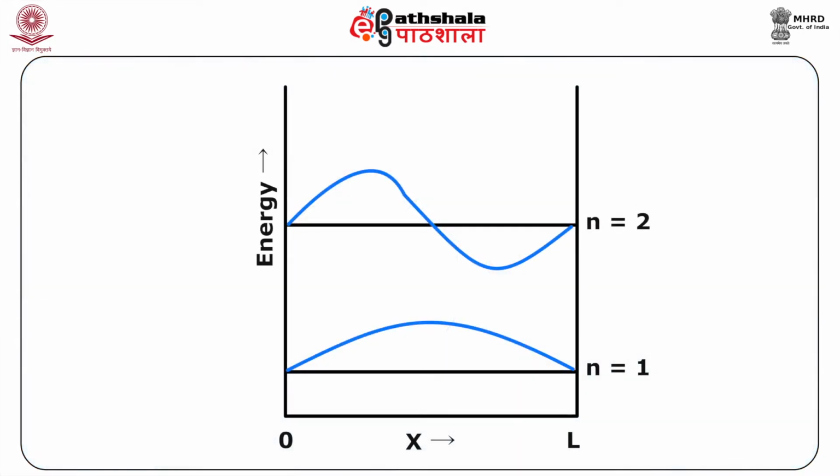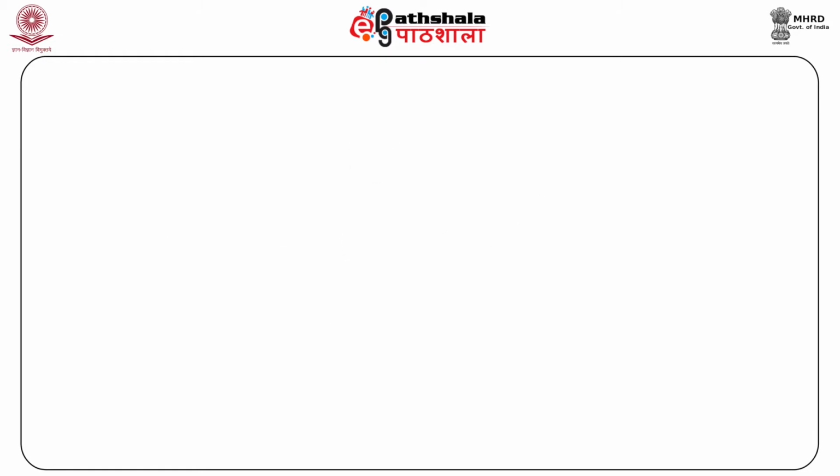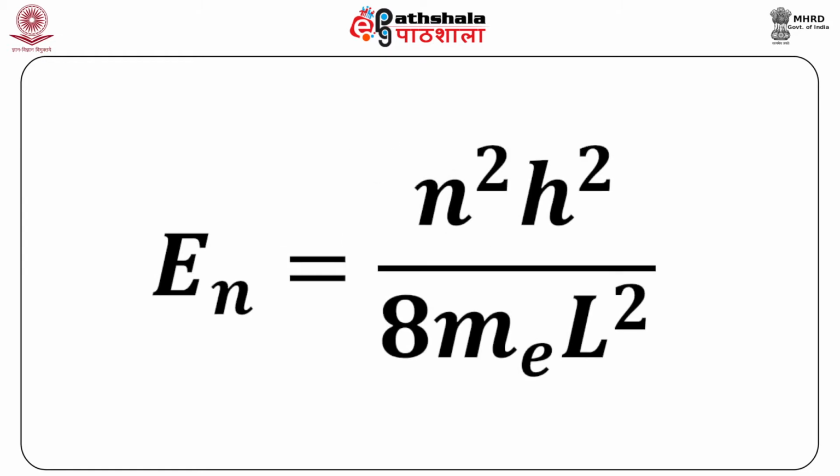The free electron model is based on the particle in a one-dimensional box model, which we have studied in quantum chemistry. Briefly, in this problem, an electron is assumed to be trapped in a one-dimensional box of length L. The electron can move only in one dimension, but it is trapped in a box of length L. You have done the quantum mechanical solution, and you know that you get wave functions psi n, where n is a quantum number, and the normalized wave functions are square root of 2 by L sin n pi x by L, and the corresponding energies E n are given by n square h square by 8 m e L square.